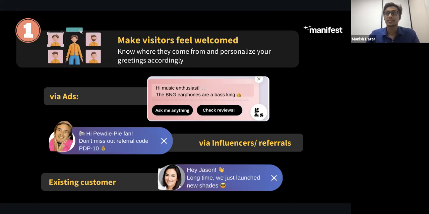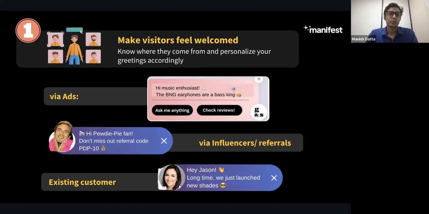And whenever they feel that the brand is consistent with the tonality used on the ads, that makes them feel that the journey is extremely seamless. For example, say you run an ad campaign which talks about, in this case, the BNG earphones, right? And whenever somebody lands on your website, you're able to follow that same messaging from your ad on Instagram, on Facebook, and over to the website as well, so that they know that the journey is seamless. They can just follow it and find what they're looking for.